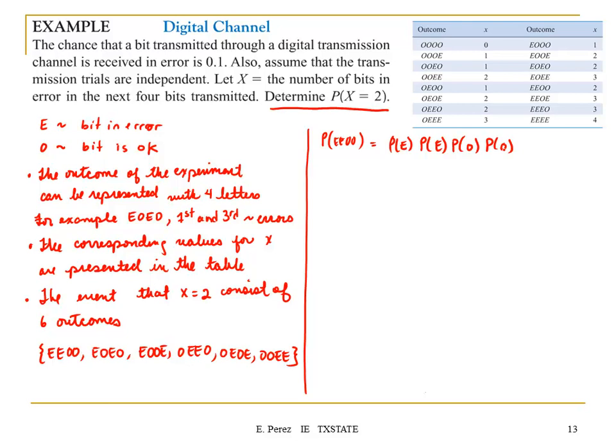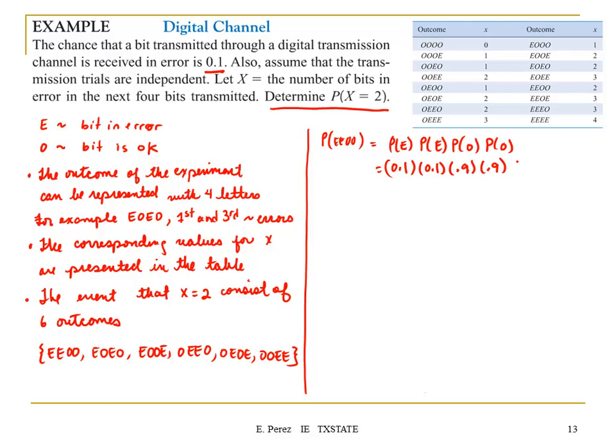What is the probability of having an error? It's 0.1. So this is 0.1. What is the probability of the bit being OK? 0.9, correct. Times 0.9. So that would be the probability of that outcome.